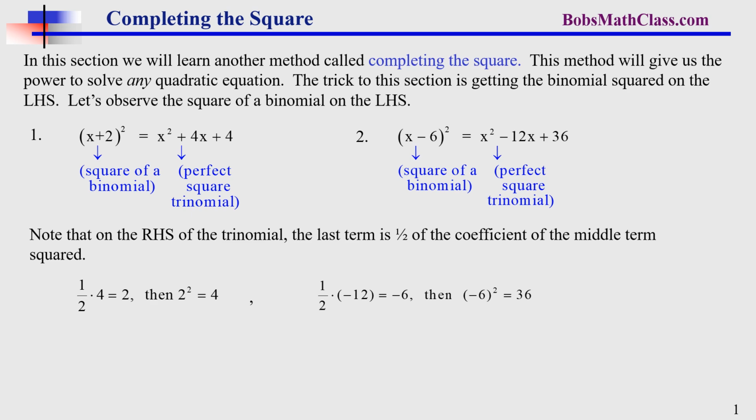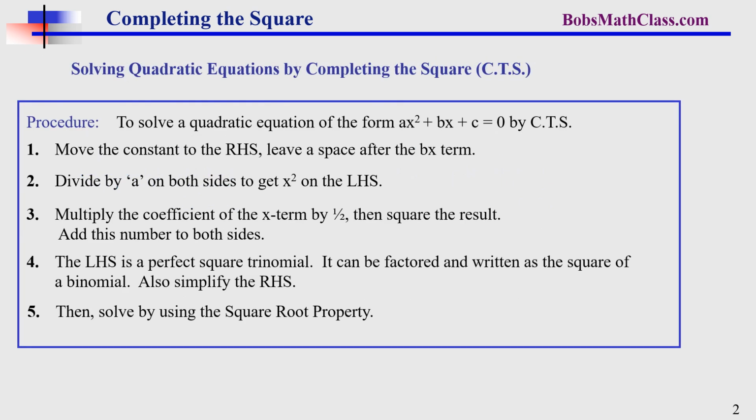All right, here we go. Here is the procedure for solving quadratic equations by completing the square, CTS. So to solve a quadratic equation, notice on the left-hand side, ax squared plus bx plus c.